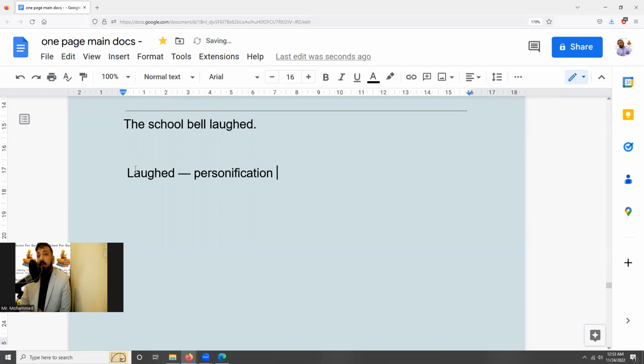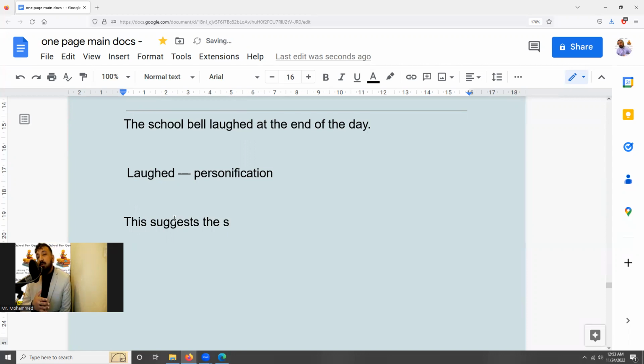Personification. Okay, good. Now all we do is explain what the writer is trying to say. And I'll just add some to the end of this quote, just to give us a little bit of context.